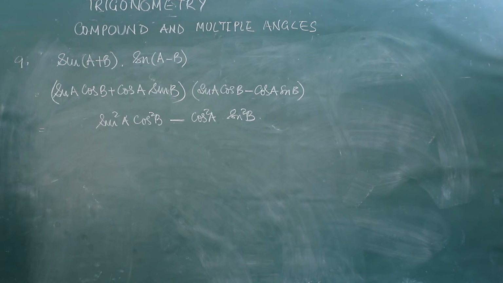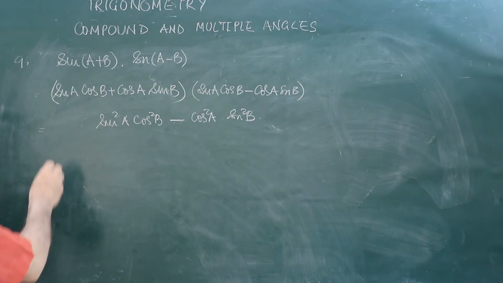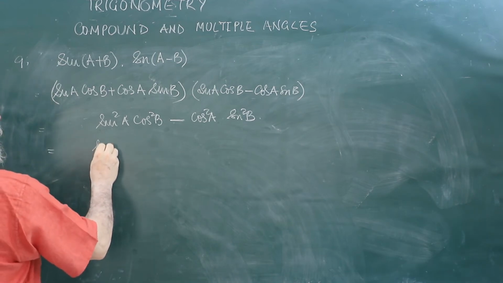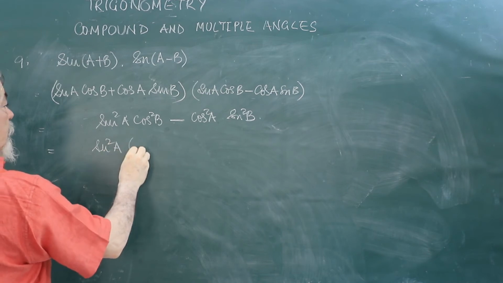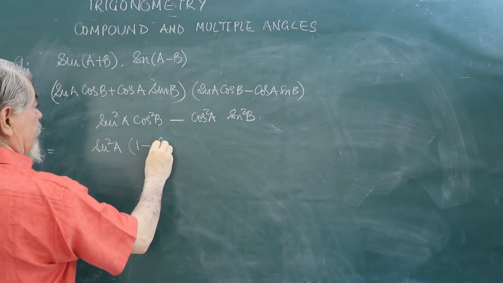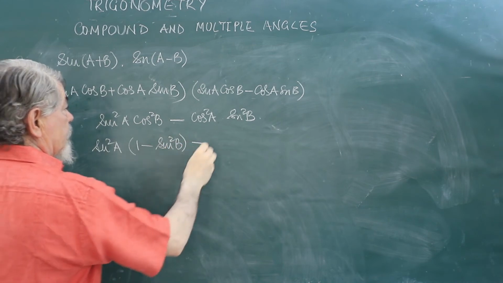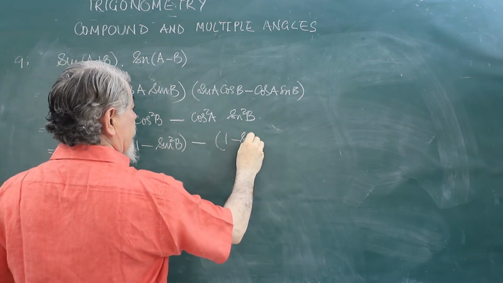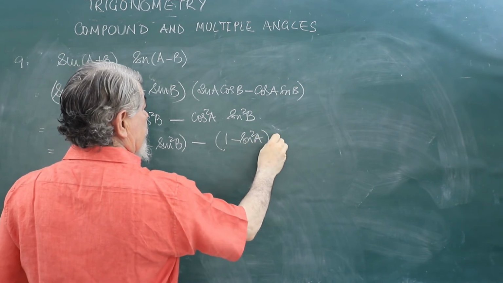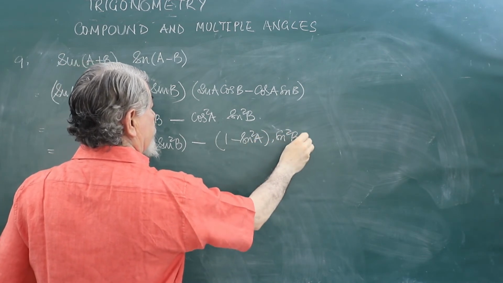Now let us convert cos square b and cos square a in terms of sin square.